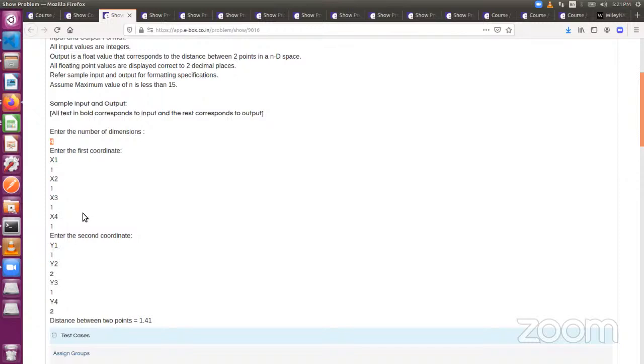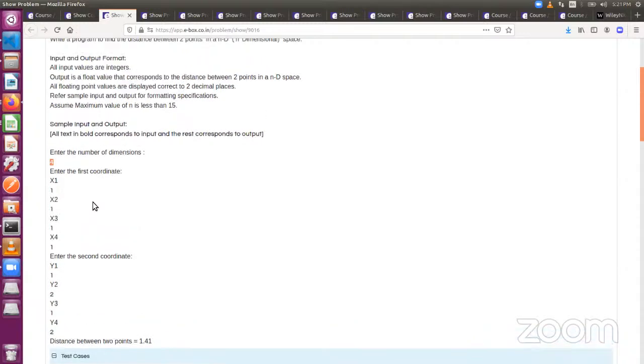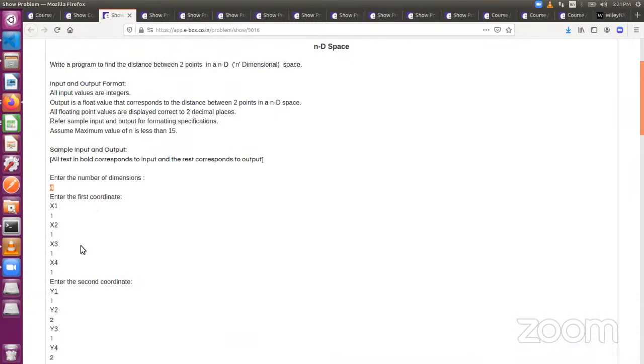Now what is the formula? Here also you're going to find the equivalent distance between 2 points.